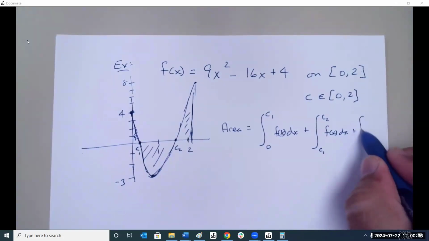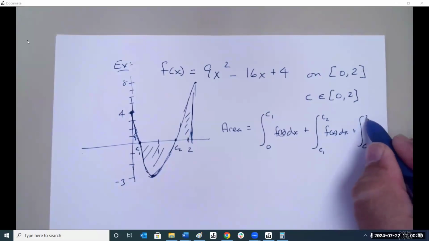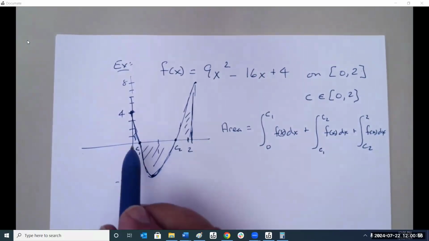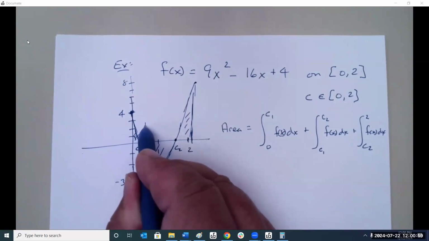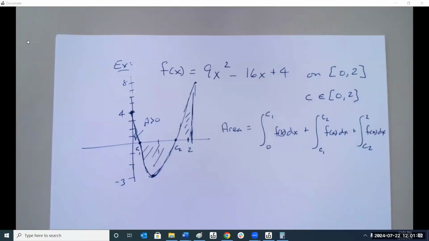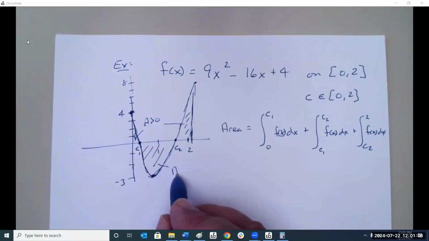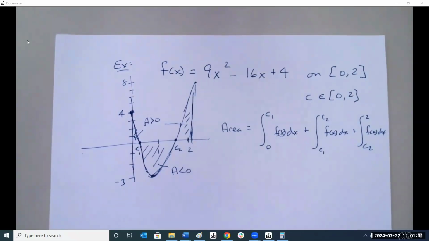And then we'd go from C2 to 2. We know that this part is going to give us an area that's greater than 0. It's a positive area. This area will give us positive, and this area will give us something that's negative, because it's below the x-axis.